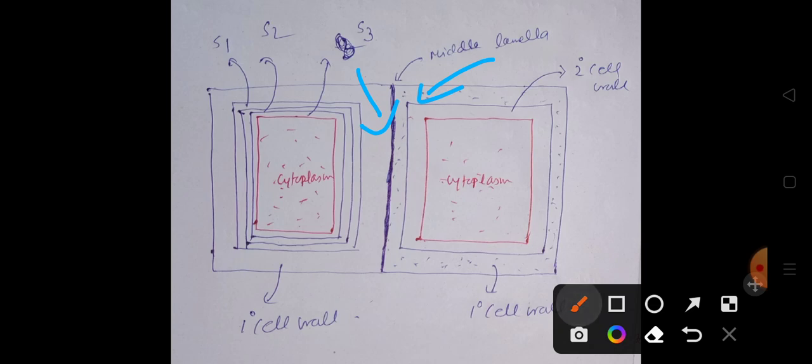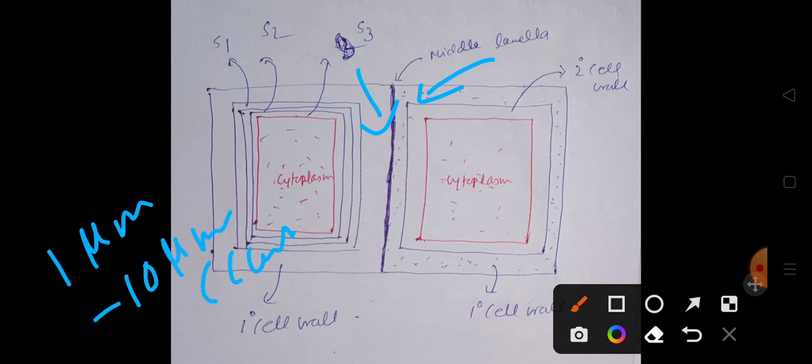Now, if we talk about the thickness of the primary cell wall, then normally the thickness is 1 micrometer, and it may go up to 10 micrometers, especially when we are talking about cambial cells. Okay, cambial cells means collenchyma, right?